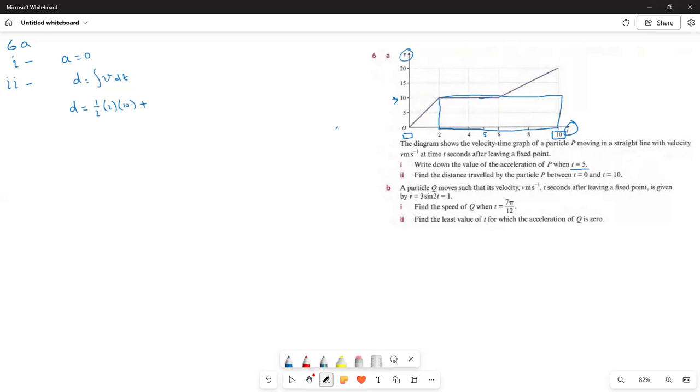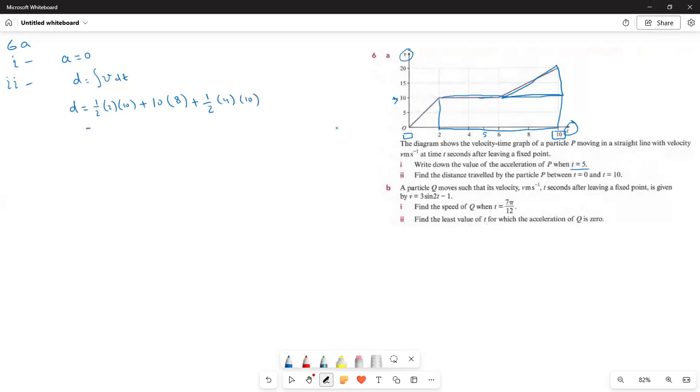This rectangle has height 10 and width 10 minus 2, which is 8. And finally, this triangle from here to here: the area is half, the base is 10 minus 6, which is 4, and the height is 20 minus 10.